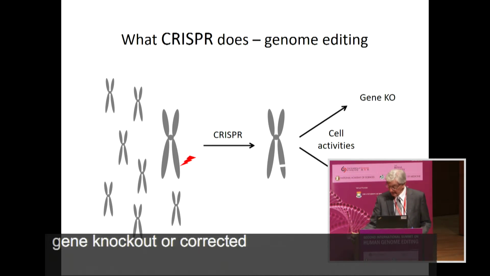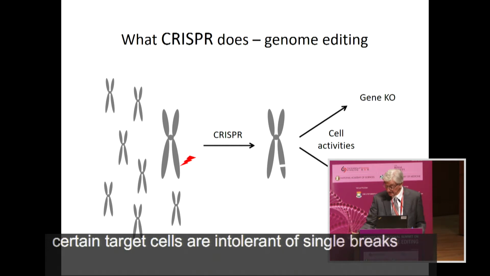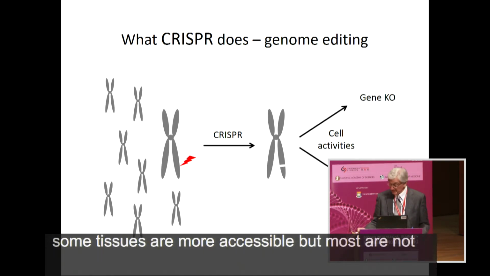For somatic applications, we also face the challenge of delivering the editing materials to the desired target tissues and cells. Some tissues are relatively accessible, like the liver, the eye, and the hematopoietic system, but most are not. And conditions involving multiple genes, as Dr. Sham just mentioned, present particular difficulties.